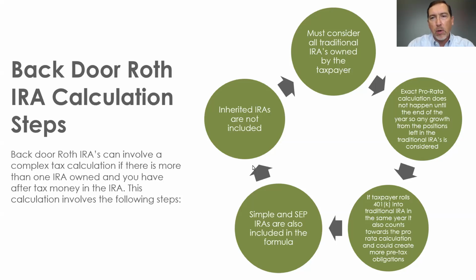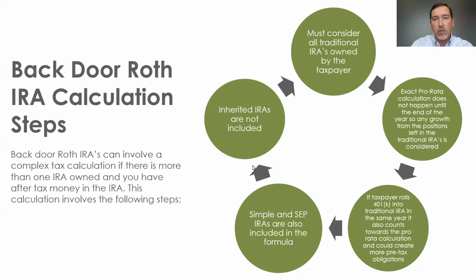Another pitfall with doing this is, let's say you're retiring, you start moving money to a Roth IRA and you're going to pay taxes, but in the same year, you roll your 401k into an IRA. If it's done in the same year that you move money to that Roth, it's also included in the calculation, and it counts as an IRA, even though originally it was a 401k.